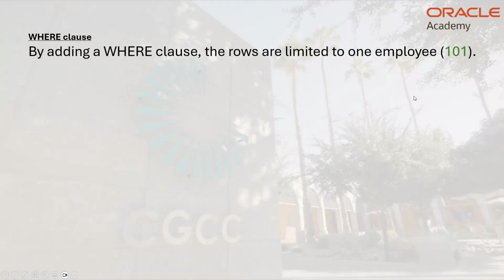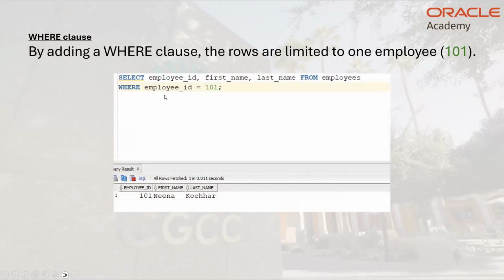By adding the where clause, let's say we only want to view employee 101. So it's simply that query and then where employee ID is equal to 101. Pretty straightforward, and we'll only get Nina Kokar.